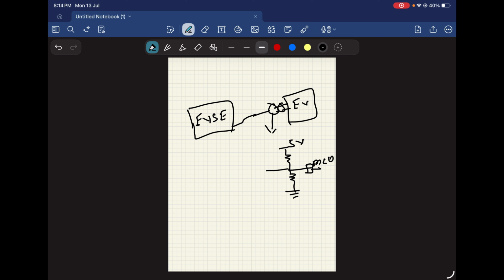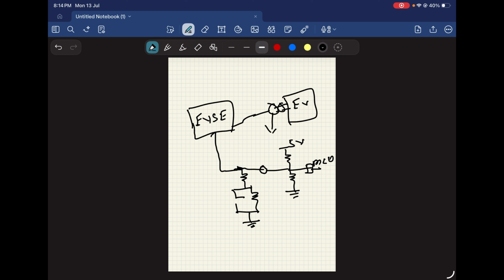Now this is the connector. These two grounds are the same. Some EVSE stations will measure this point, otherwise they won't measure it, whenever it is connected.